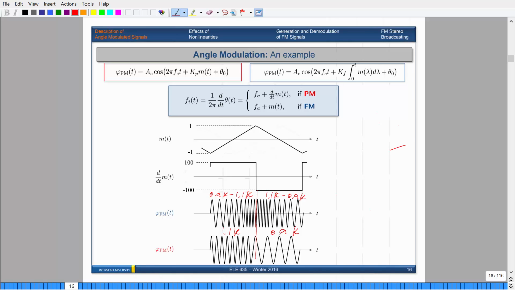And then on the downslope, it goes from large to small, but the phase modulated signal stays at 0.9. Okay, so that's how you can sort of visualize it. So one is quite different from the other in terms of, there's one that's gradually increasing and decreasing, and then there's one that has the same frequency at each chunk in time, depending on what the slope looks like. Okay? Very simple, all right? Good.